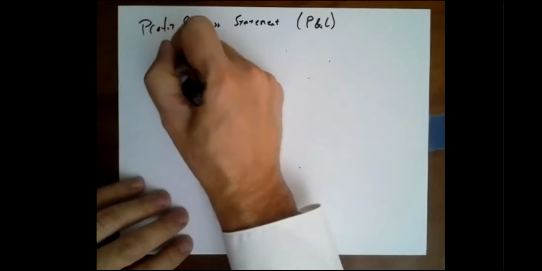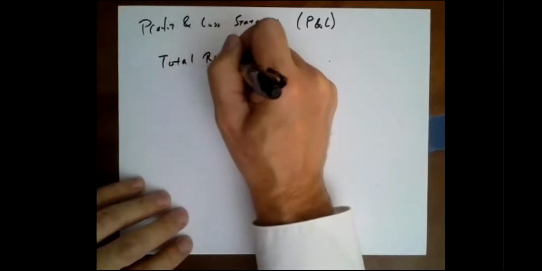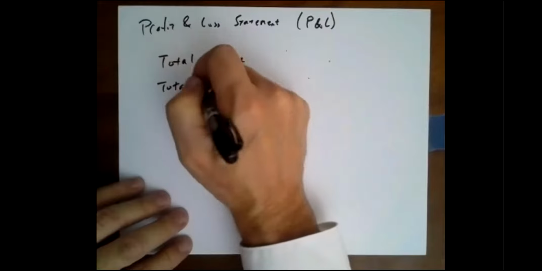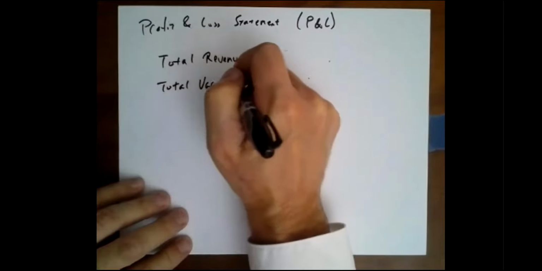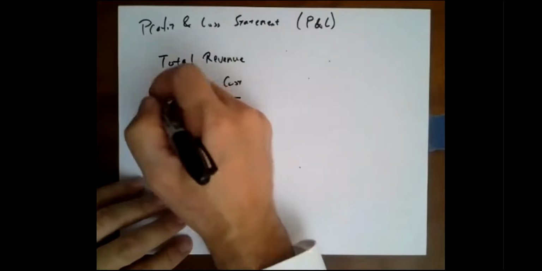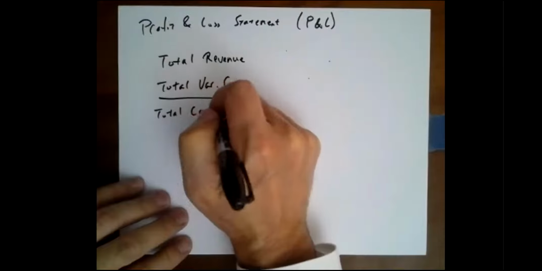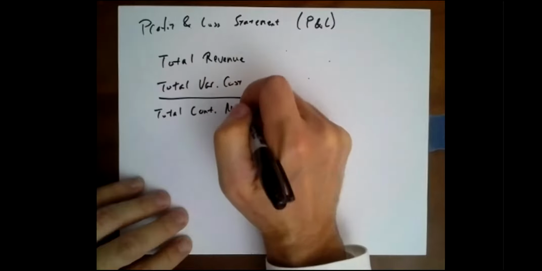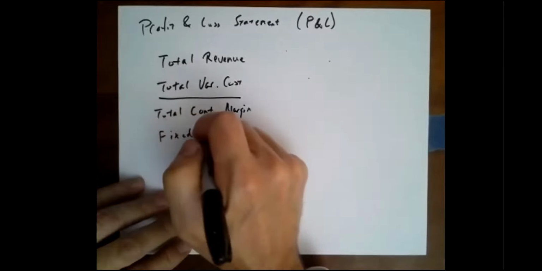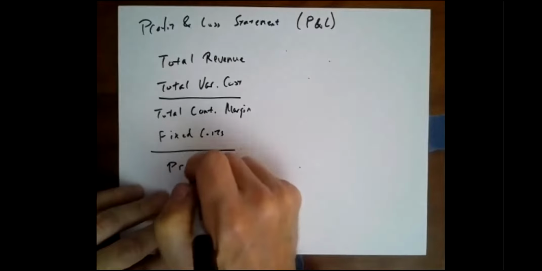The P&L has top line total revenue, then total variable cost. So total revenue minus total variable cost gives me total contribution margin. Then we subtract fixed costs to give us profit.